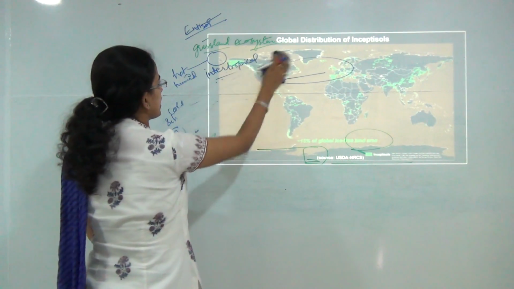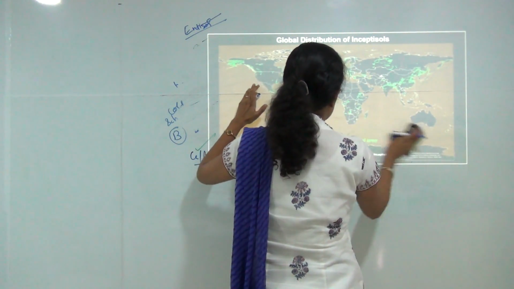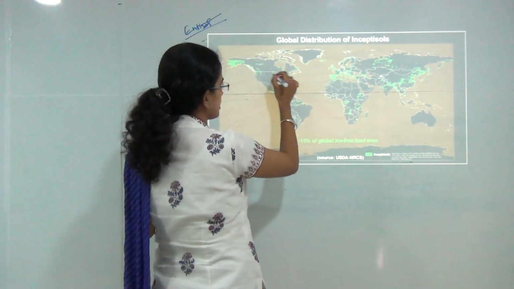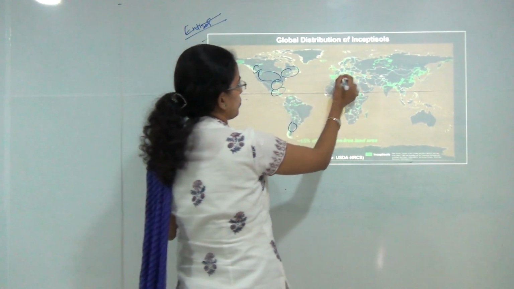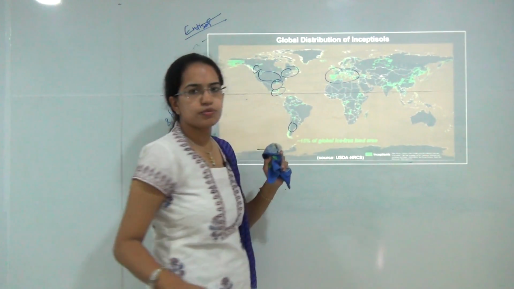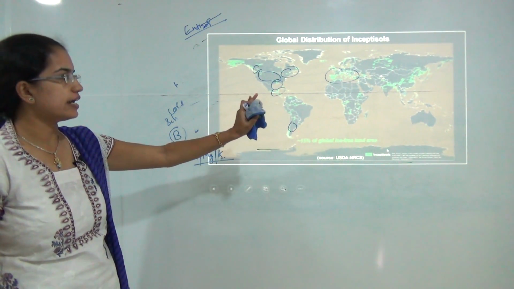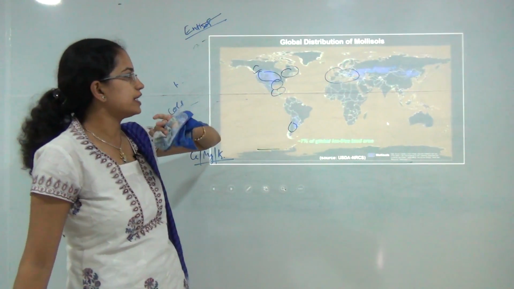Now moving on to the diagrams, you have Inceptisols along the regions that surround the Entisols. So throughout the globe you have Inceptisol soils which surround the region of Entisols, and they are much better developed as compared to Entisol soil.